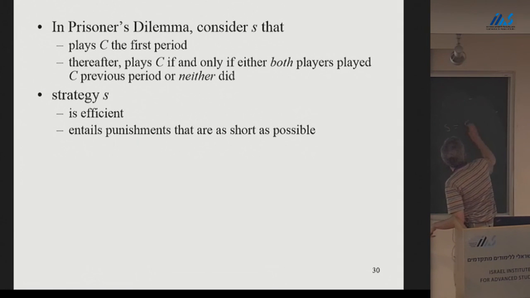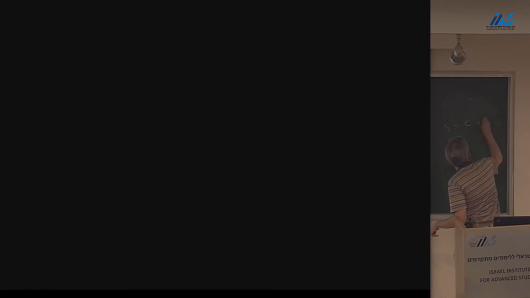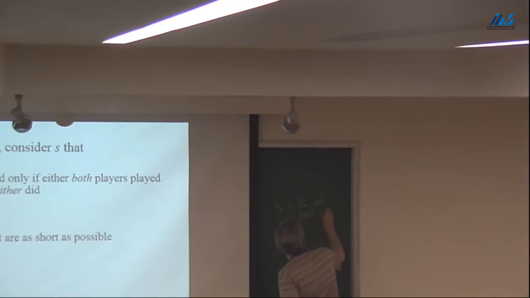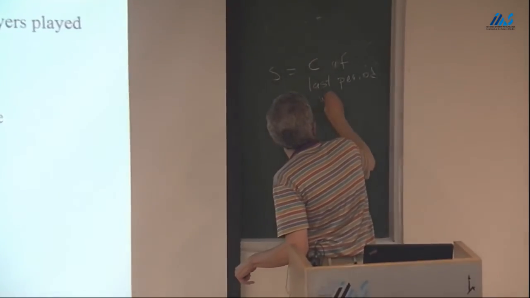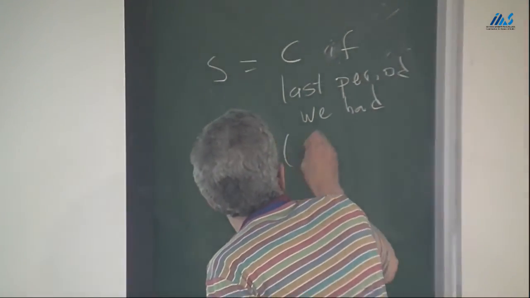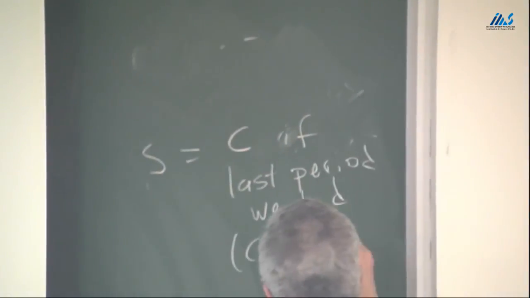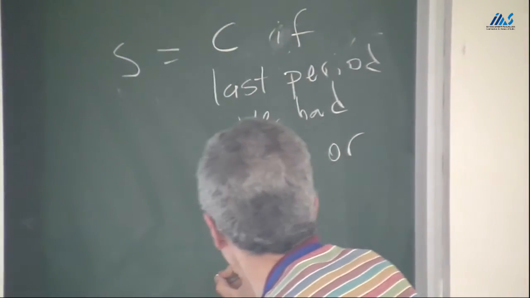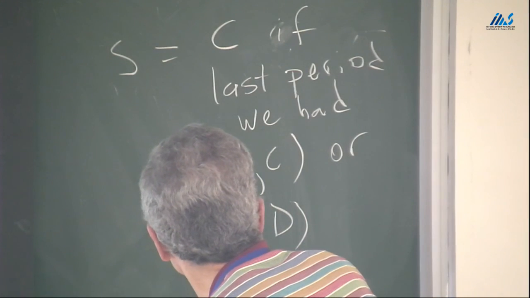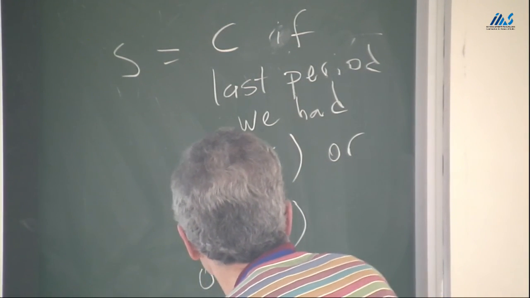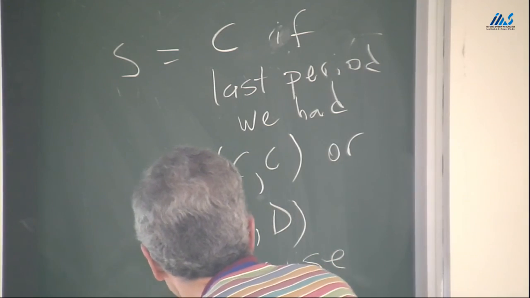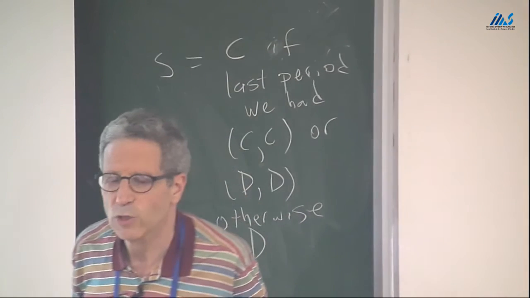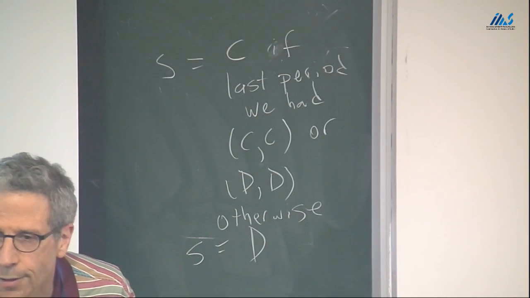S plays C if last period we had CC or DD, otherwise S equals D. This is a strategy which is sometimes called perfect tit for tat.